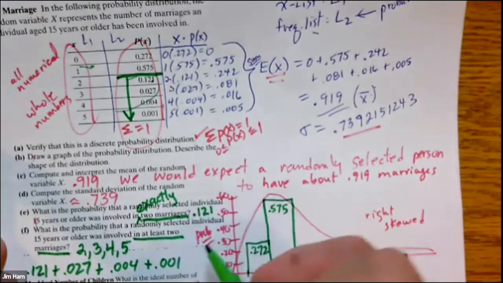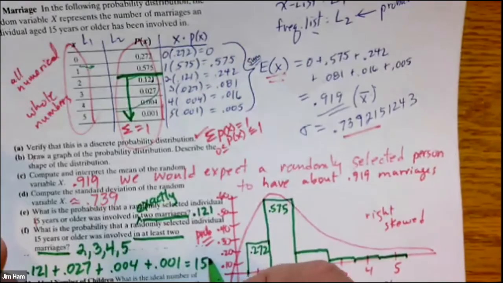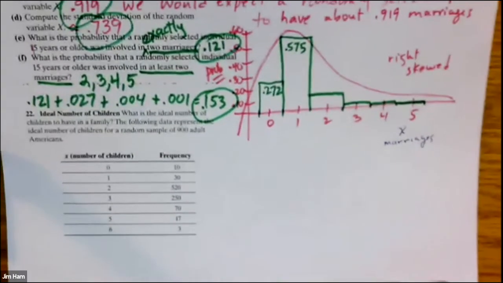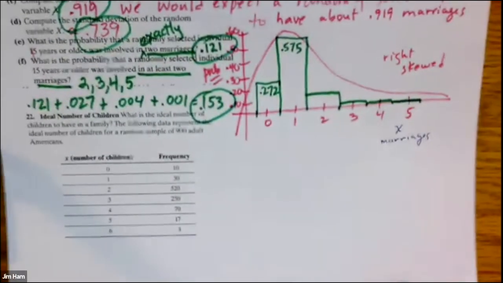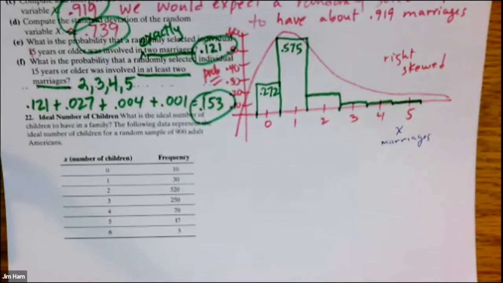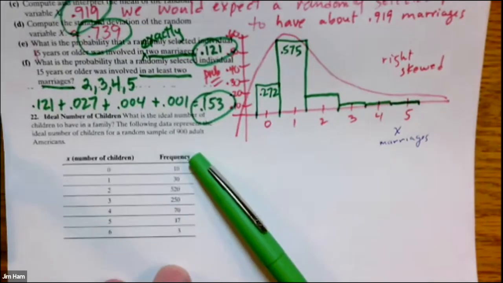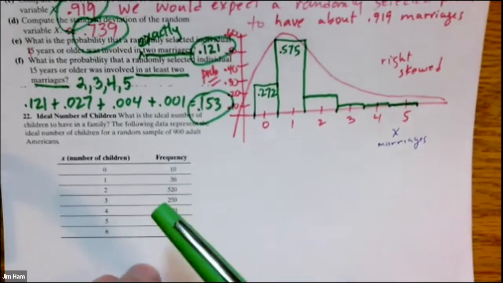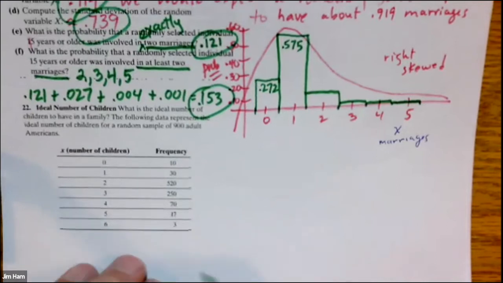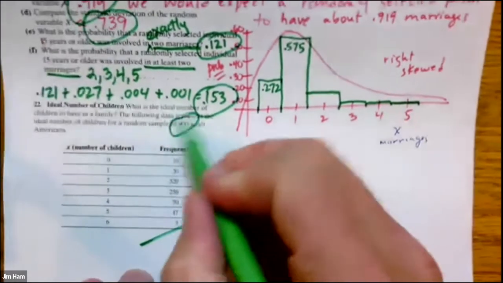What's that, 5.3? 1.153? All right, I want to show you something here. This is not quite a probability distribution because we have the frequency here. So they tell us that there are 900.